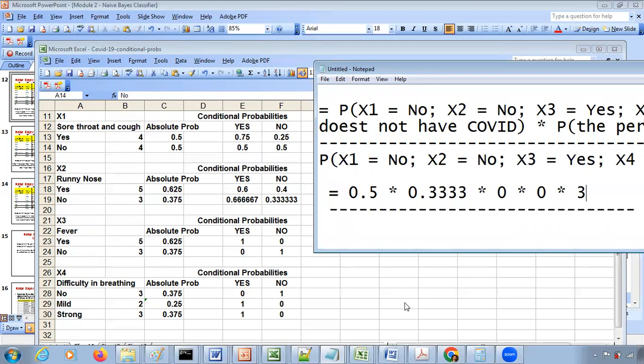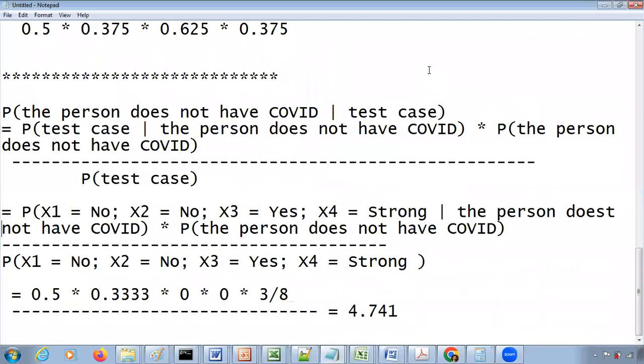That's 3 of the 8 records have no as the class. Then the absolute probabilities are the same as what we had earlier, because the test case did not change. So you can copy from here.